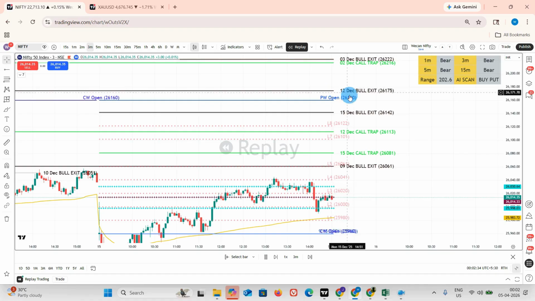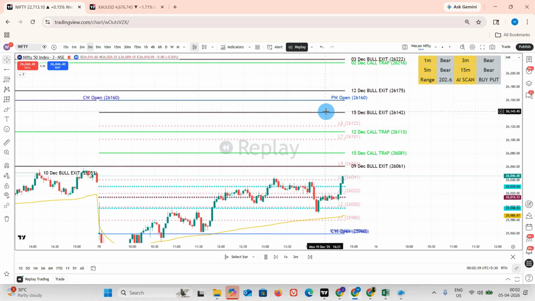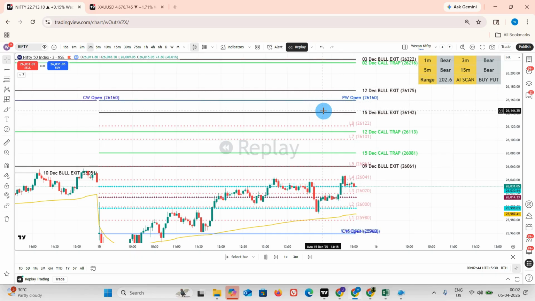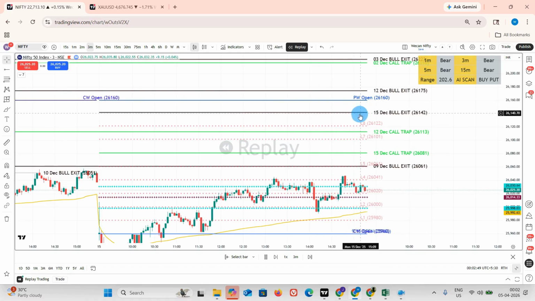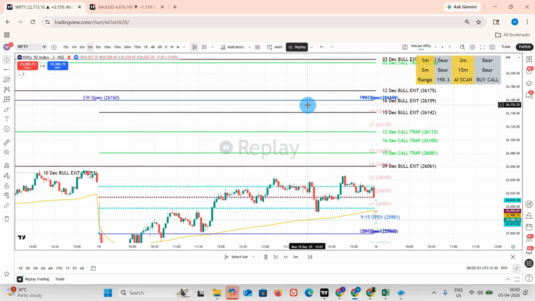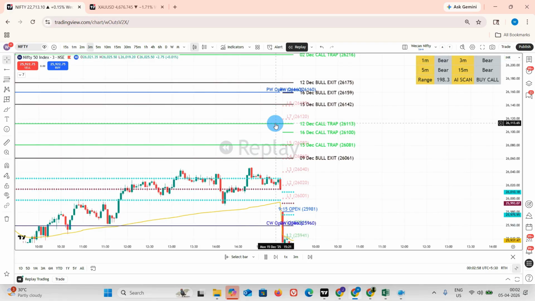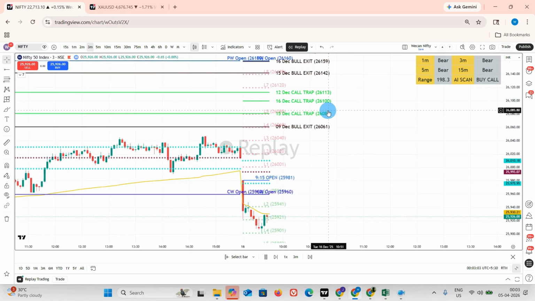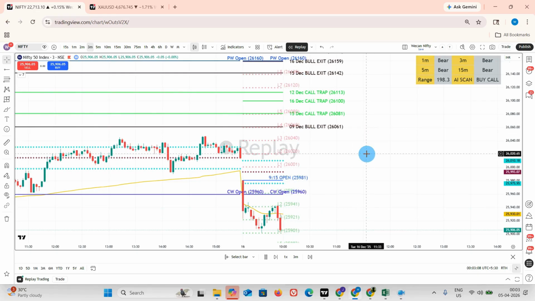So these are all the zones. When you have your 12th, 15th December bull exit zone here, above that we have two more levels. Let us wait for these levels, or else whenever you get a reversal chance below these points, if it is crossing above, wait for this on the same day. If that day is finished, then wait for the next day. In the next day we get new levels along with our previous untapped levels.